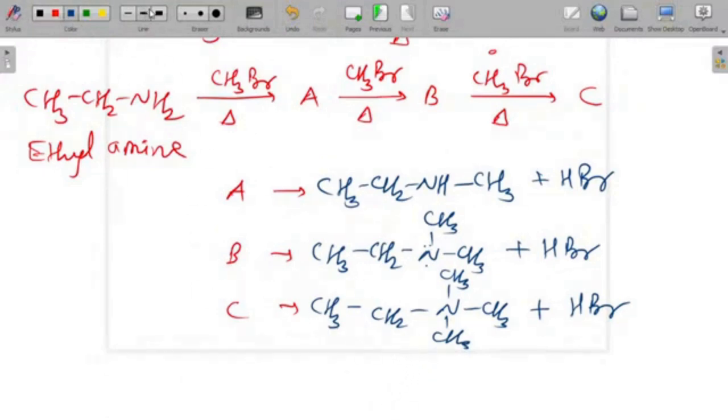If you see the product, it is N,N,N-trimethyl ethanamine. So this is the positively charged salt, and here the product is not HBr, here the product is Br minus, because this is a tetra alkyl ammonium halide salt. So understand this reaction now.